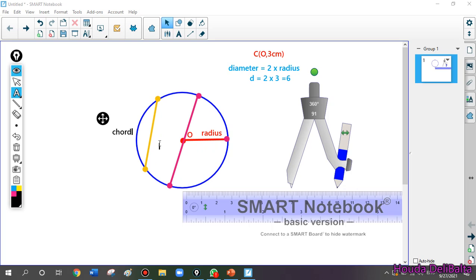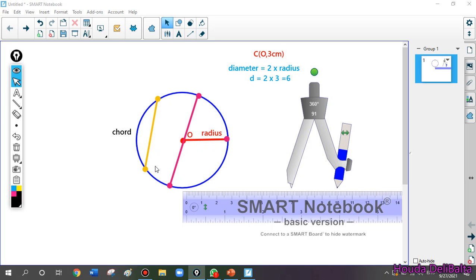Now, let me tell you about special lines of a circle. We talked about the radius, the diameter, and the chord. Here is the chord.